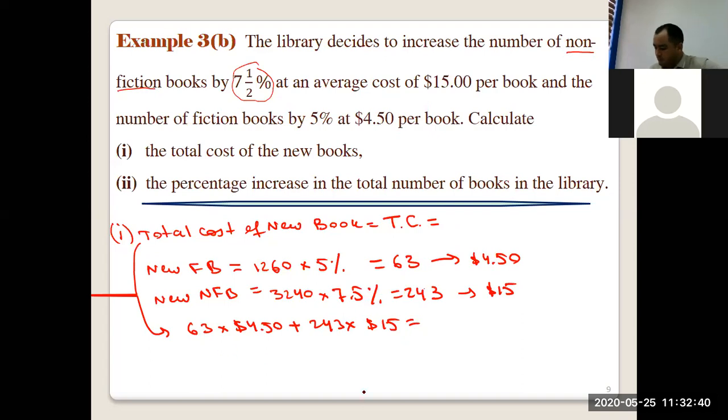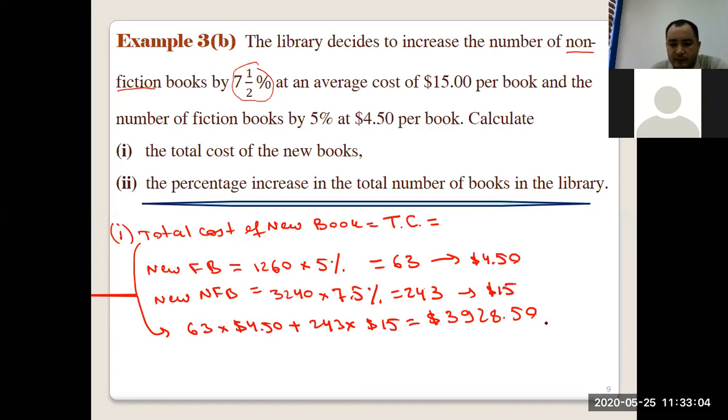So that's equal to 63 times 4.50 plus 243 times 15, which is equal to $3,928.50.